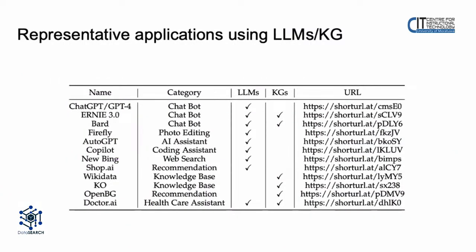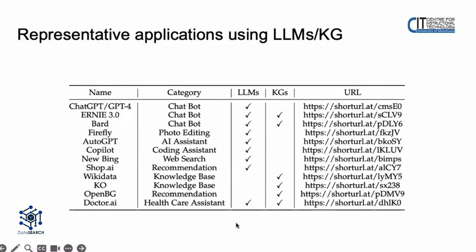Now, there are representative applications using LLMs and KGs, very limited at the moment. As I said before, these are some of the applications and the different categories. There are chatbots, coding assistants, and recommendation tools using it.